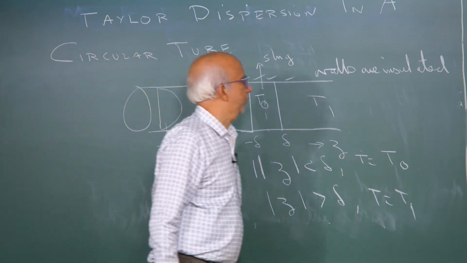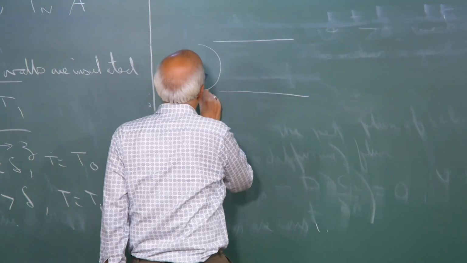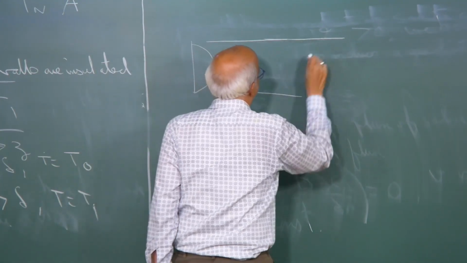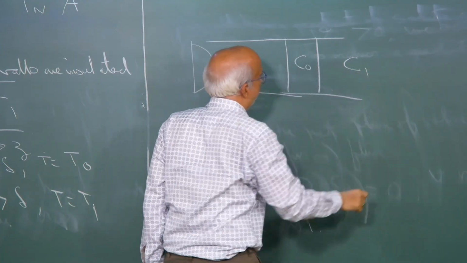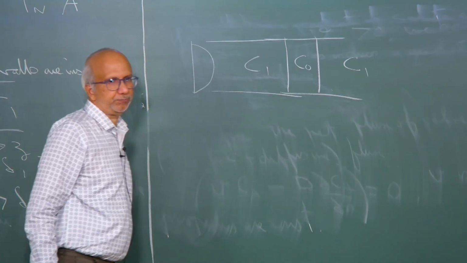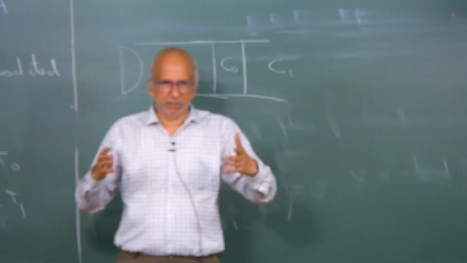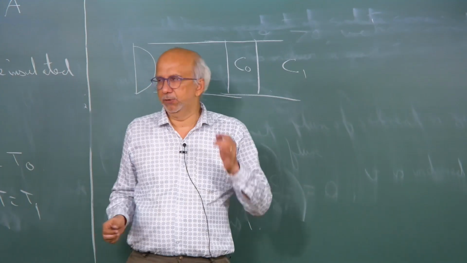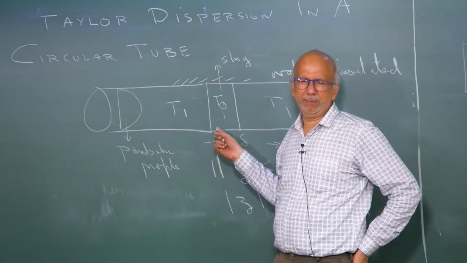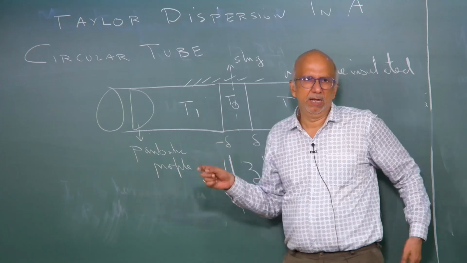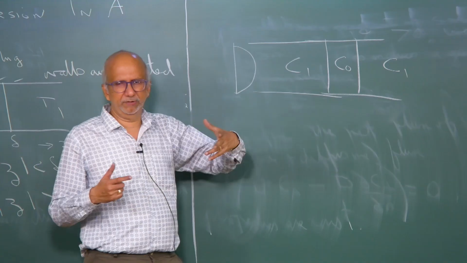In mass transfer, you can have again a parabolic profile, and you have this slug, concentration C naught here, concentration C1 outside, okay, and we are interested in how the concentration changes. The only thing is here, the diffusion is going to be decided by thermal diffusivity, and here by mass diffusivity, diffusion coefficient. That is the only difference, okay.